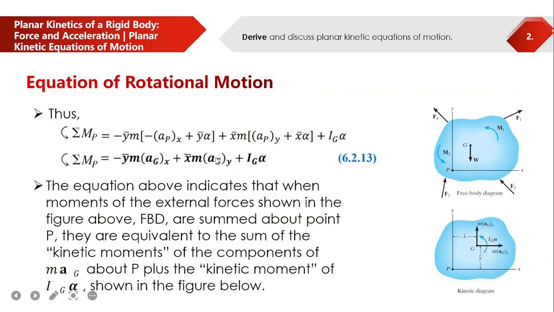Now, a sub g again has a value, and to compute it, you have to get the acceleration, and we also proved that a sub p sub x plus y bar sub a is equal to a sub g. So if you have the acceleration at point g, then you can use that already to solve directly for the moments at the body. Okay?